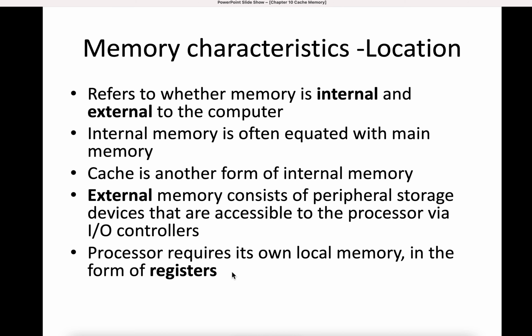Any memory that is outside the motherboard, or basically needs to be connected to the processor via an input output controller, is considered external memory. So external memory is peripheral storage devices that are accessible to the processor via the IO controller.